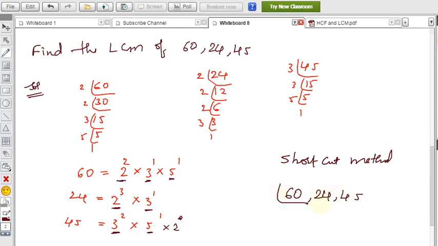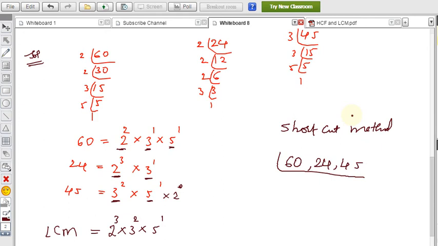If any common factors are there, you have to divide by them. Now 60, 24, 45 we can divide by 3. 3 twenties are 60, 3 eights are 24, and 3 fifteens are 45.